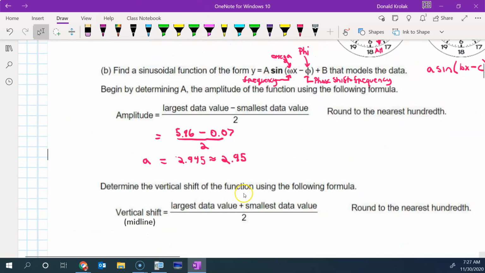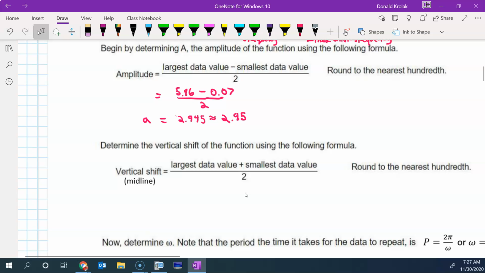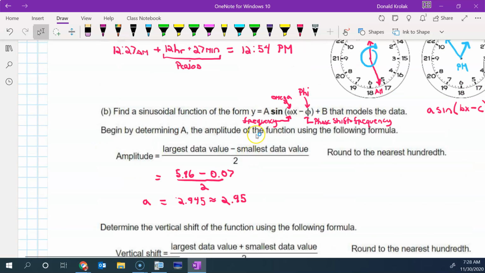Okay, now you add them and you divide by 2 to get your midline or your vertical shift. So in this problem, that is the big B. That's capital B. It's our midline or vertical shift.